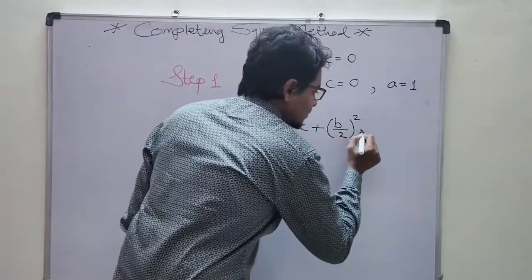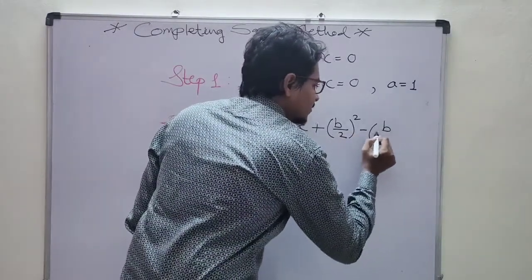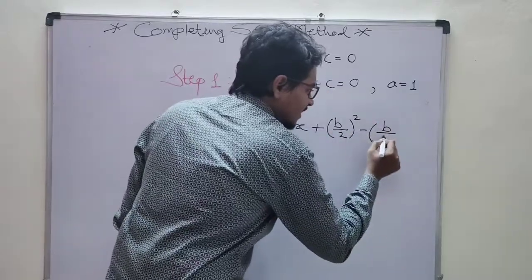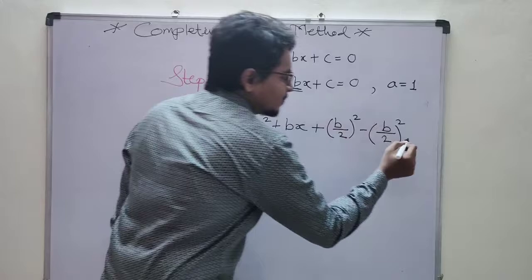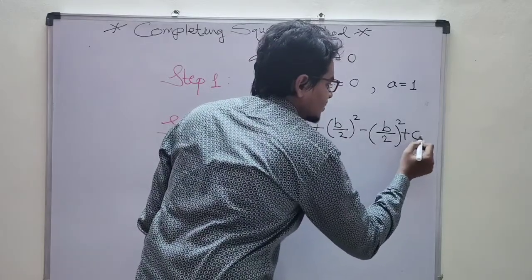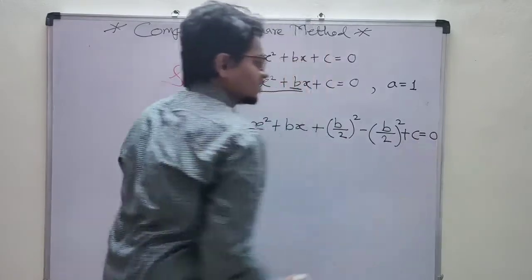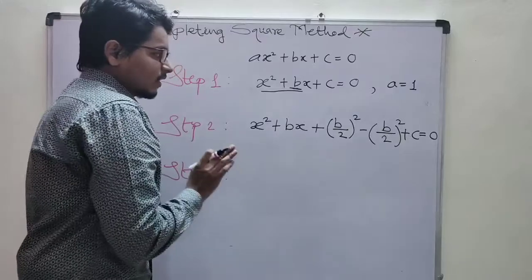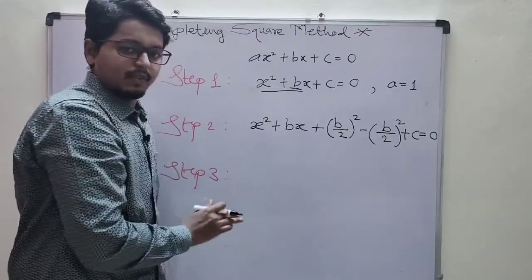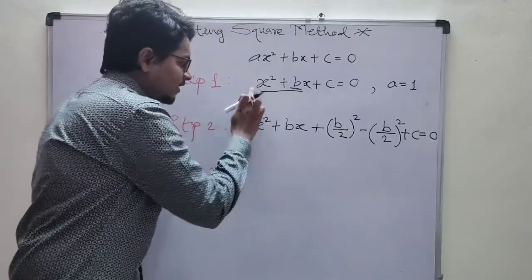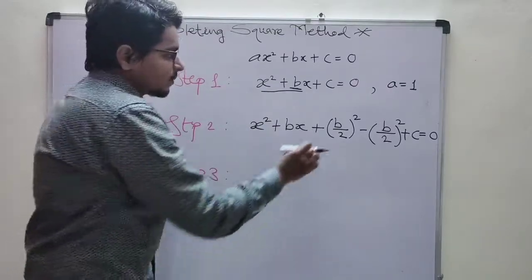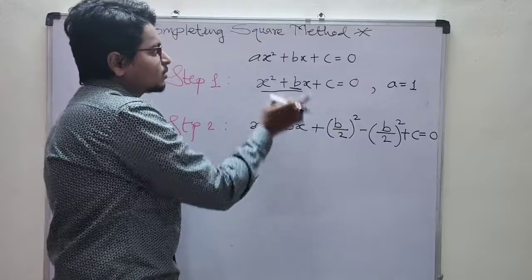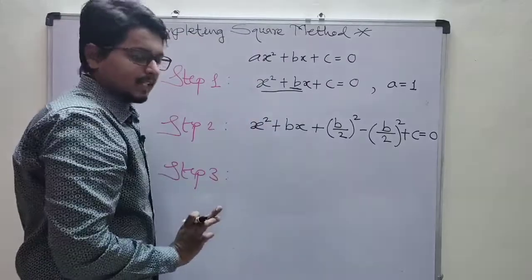Then minus, again taking the middle term b, dividing it by 2, again taking its square, and then writing plus c as it is, equal to 0. Now if you observe it carefully, this equation and this equation are the same. It is the process to solve the completing square method.